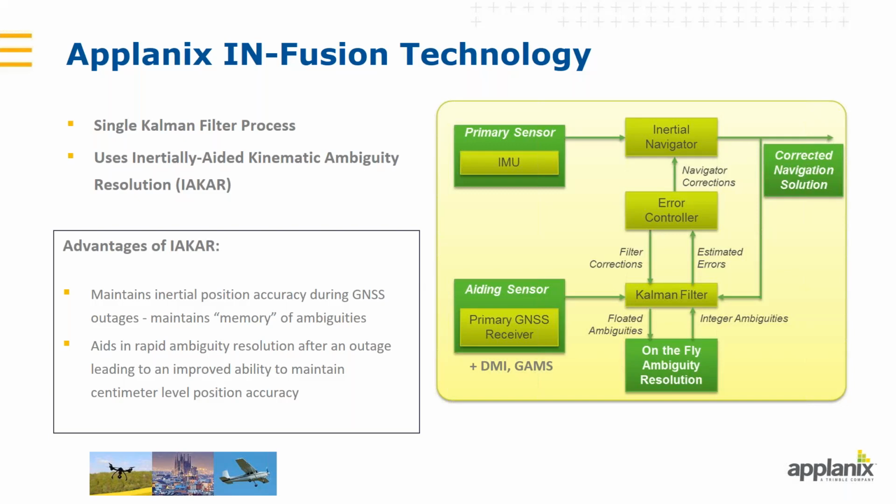It maintains a kind of memory of those ambiguities. Eventually, that aids in rapid ambiguity resolution after an outage, leading to an improved ability to maintain centimeter position accuracy.